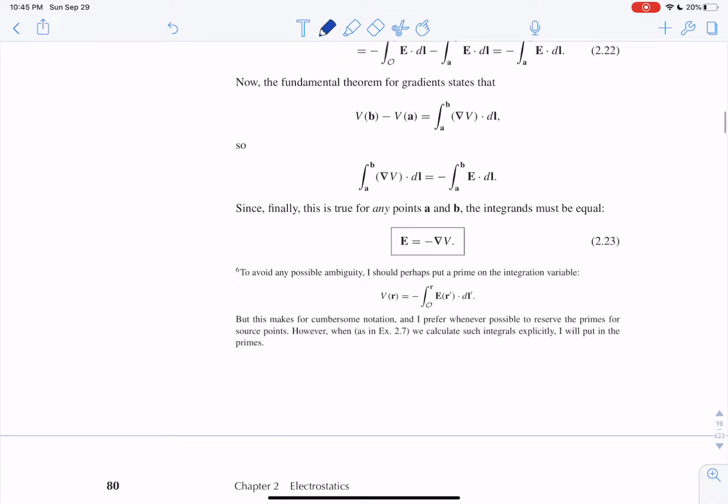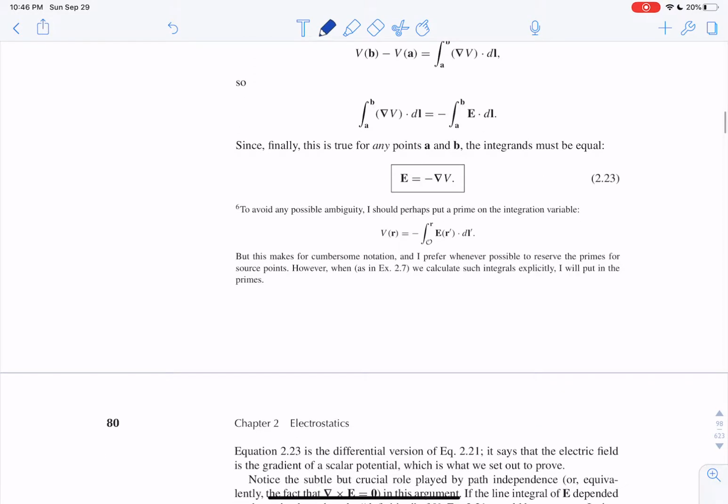Since this is true for any points A and B, this has to equal that.